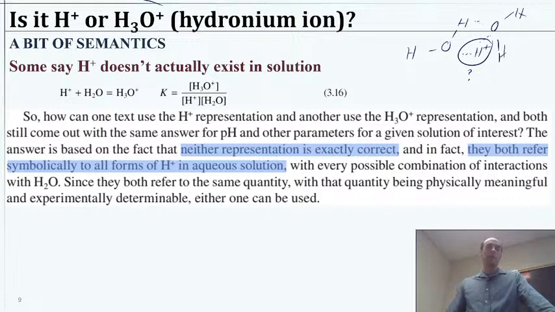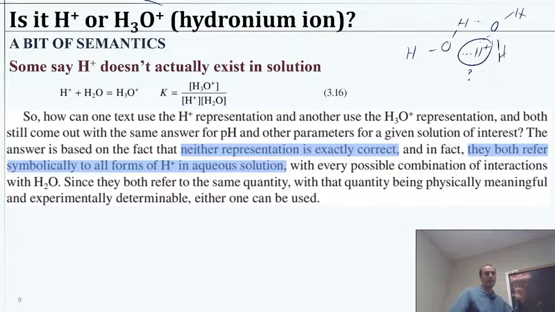To some extent, who knows, who cares? But you could potentially derive the K value here. I'm just going to read this out, and this is from not our main book, but the other textbook that I drew from. It says: how can one text use H plus and another use H3O plus, and both still come out with the same answers for a given solution?